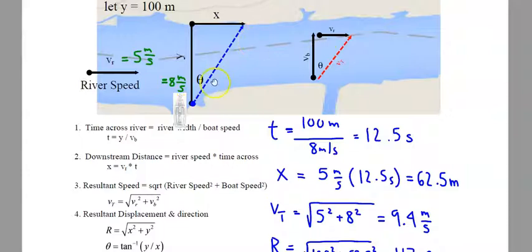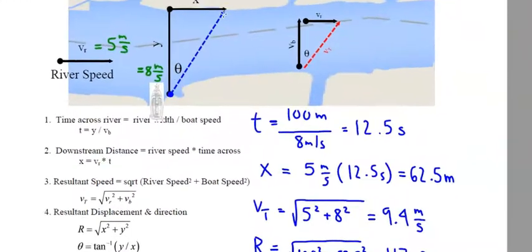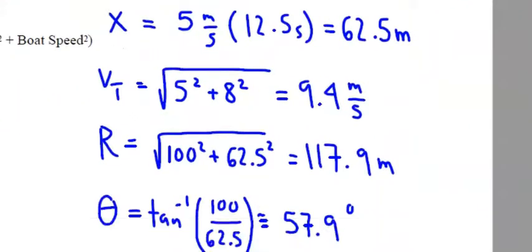Now this should make some sense because you're going to see this diagonal is longer than the 100 meters. So it would have to go a bit faster to cover a longer distance in the same 12.5 seconds. So how much longer is this blue dashed resultant vector of displacement? Well, it turns out to be the Pythagorean of the river's width plus the downstream distance.